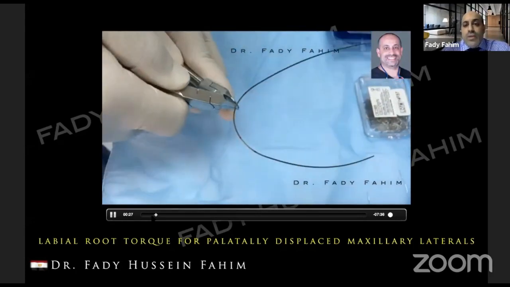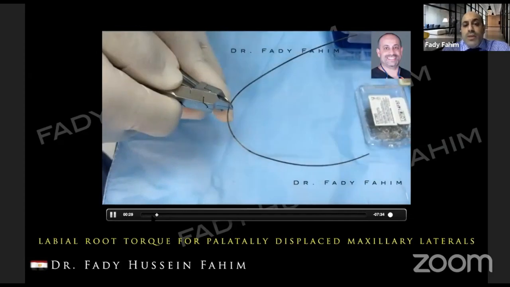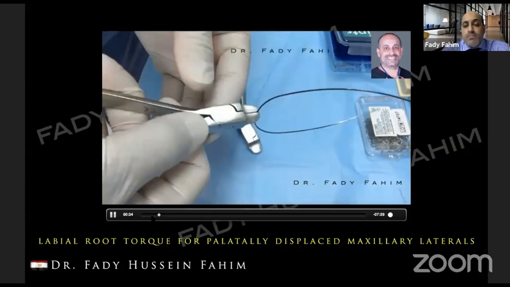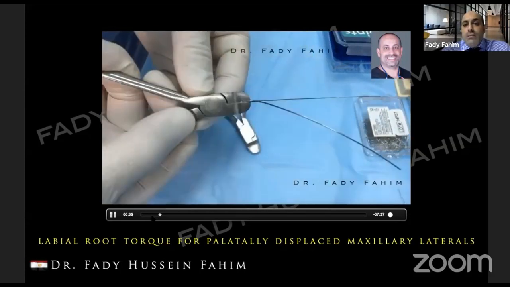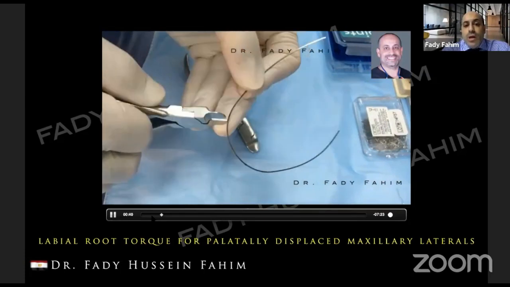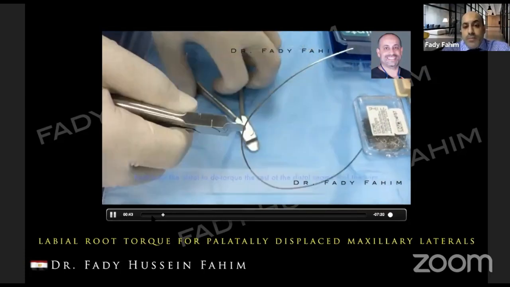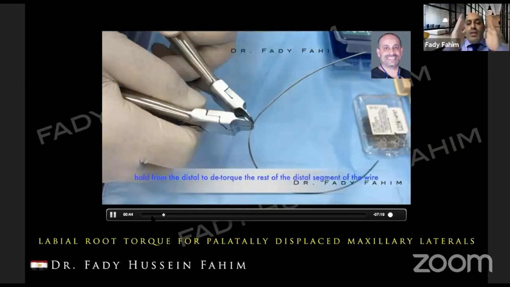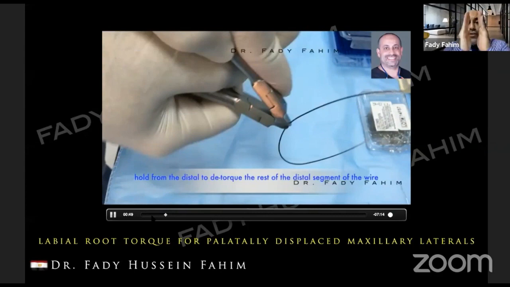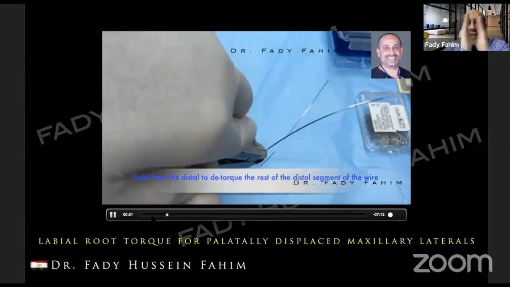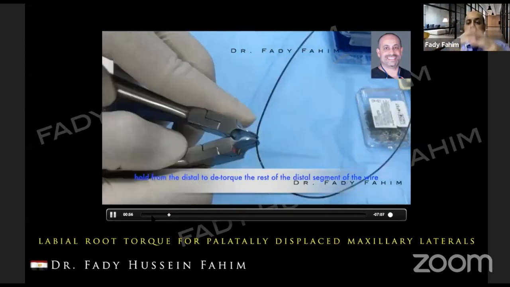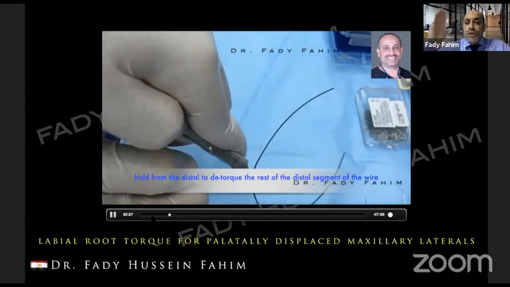So you can use the key pliers, or I actually prefer the ribbon arch pliers. Why? Because the key pliers give a twist in a very narrow segment of the wire. But when you do it with the ribbon arch pliers, you can expand the area and take the most of the interbracket distance.